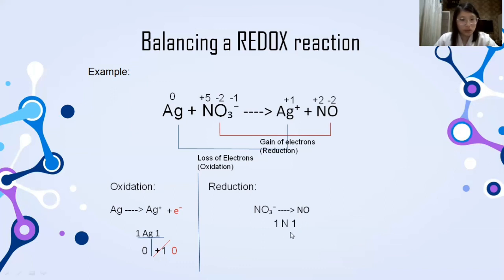Next, we take a look at its oxygen atoms. As you can see here, the left side has 3 oxygen atoms, while the right side only has 1. So what we want to do is add 2 molecules of water, so that the right side will also have 3 oxygen atoms.